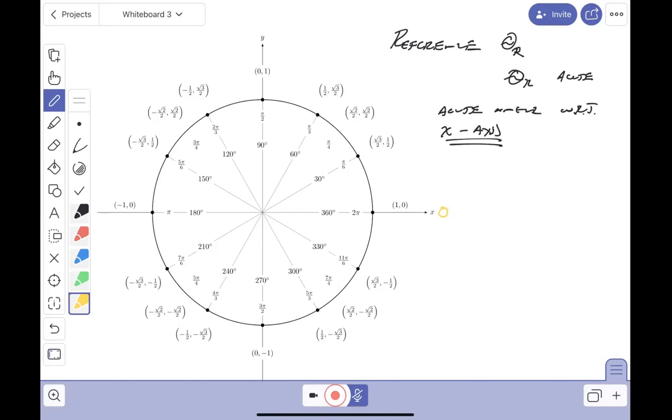But I'm hoping you have some idea that pi is a number. And what's the number going to be for pi? So pi as a number is about 3.14. It's about. I'm not saying it is that number. I'm saying it's about. So if I came over here, I'm going to say as an angle, this is 3.14. About. I'm not saying exactly right, but I need a feel for it.